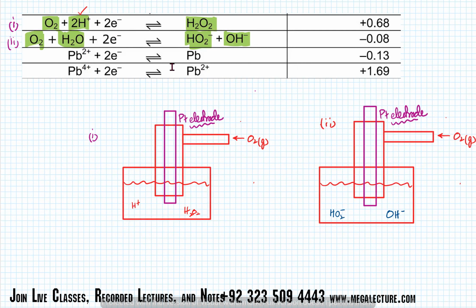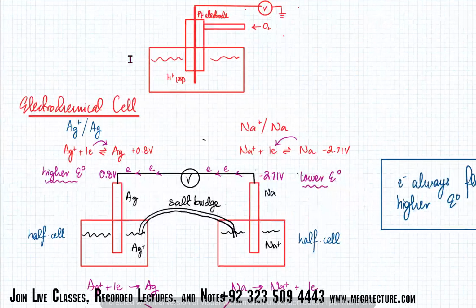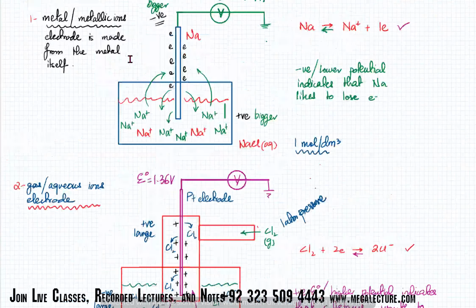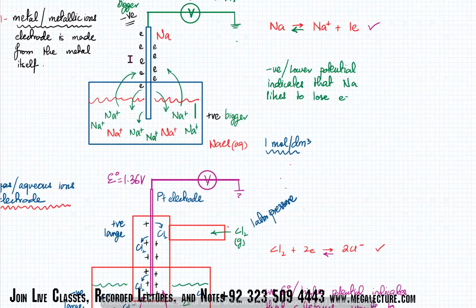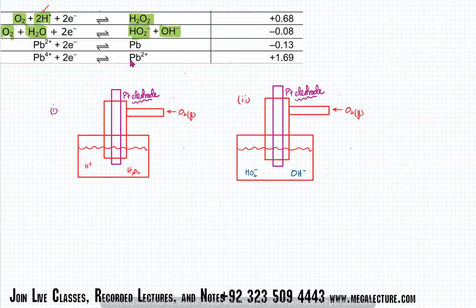Then the next one, the lead and lead ion. That's a metal and metal ion electrode, right? That's the first type that we did. Let's just redraw this.